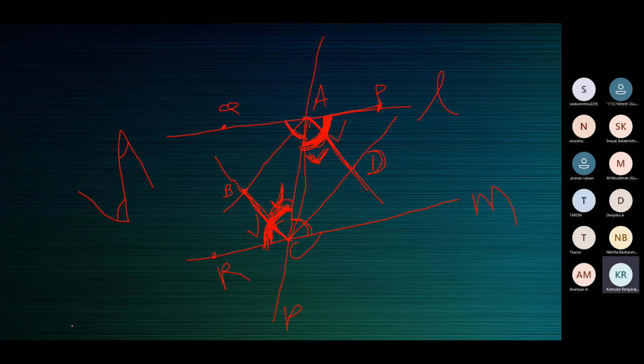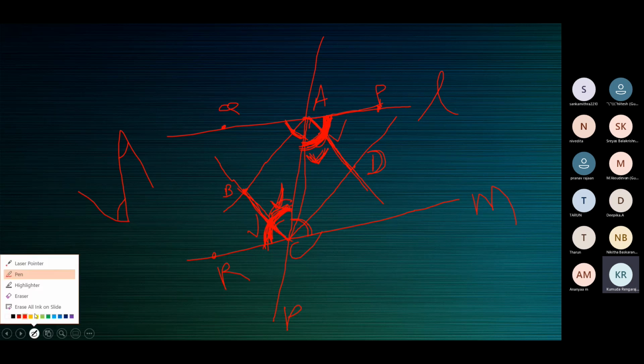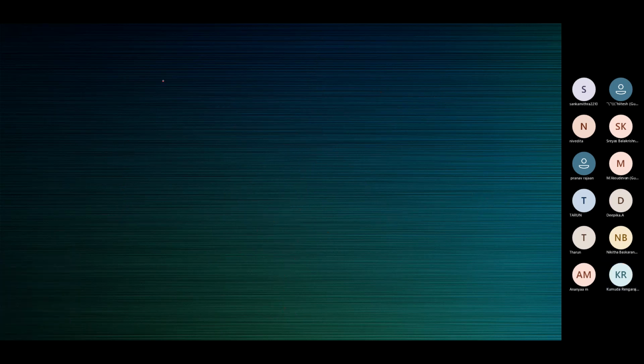So similarly, we have to take up the other pair of alternate interior angles. What we just did, this angle is equal to this angle. Alternate interior angles are equal because the lines are parallel. Half of this angle, that is this one, is equal to half of this angle, that is this one.